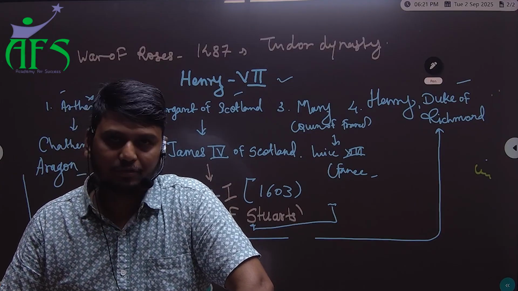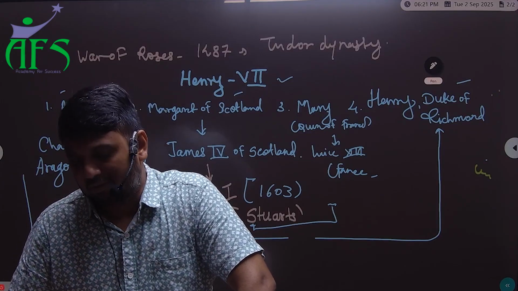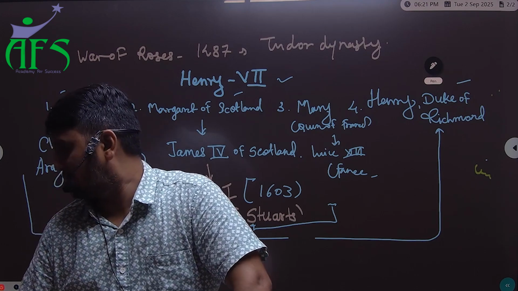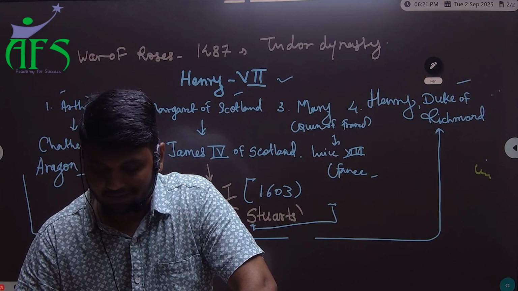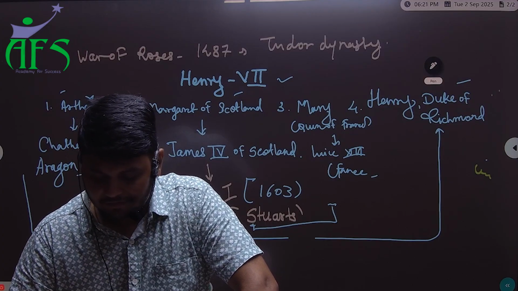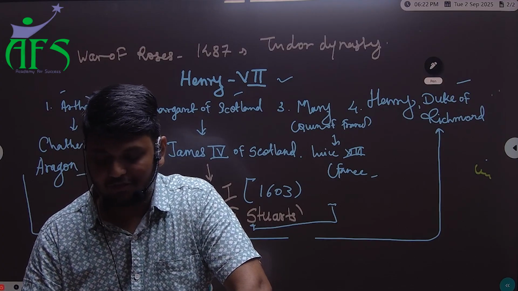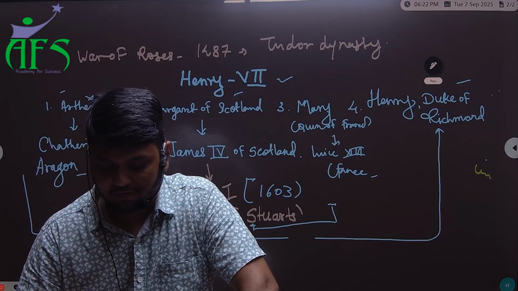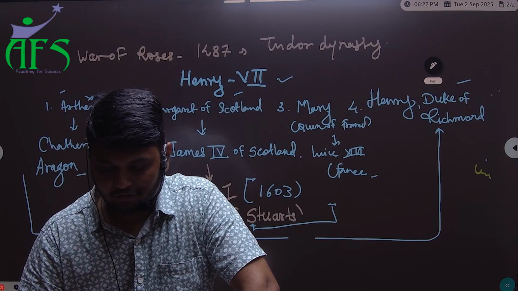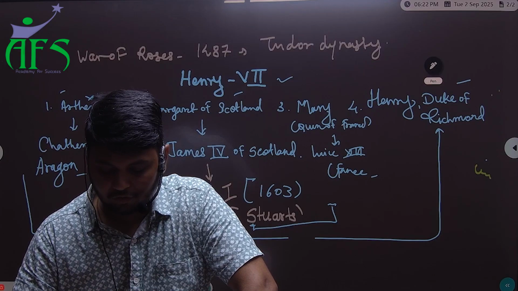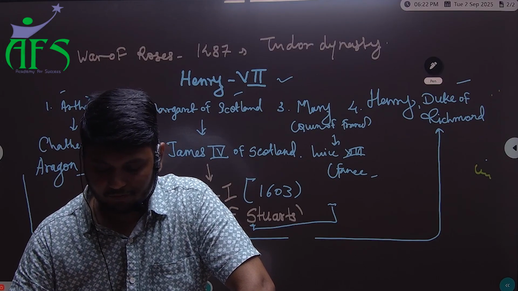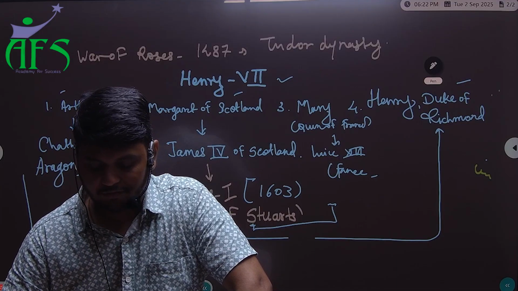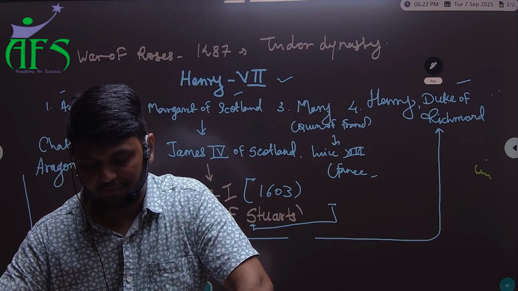She was Arthur's widow, and she became the wife of Henry. And from this point onward, we can see changes happening in the English throne. Okay, and what those changes are, we're going to discuss right now.